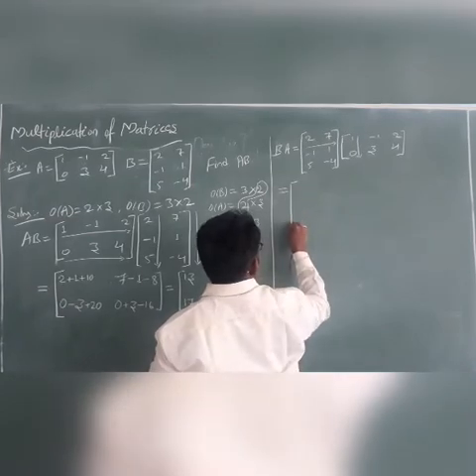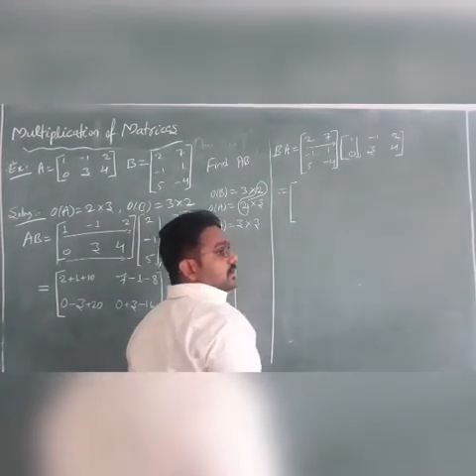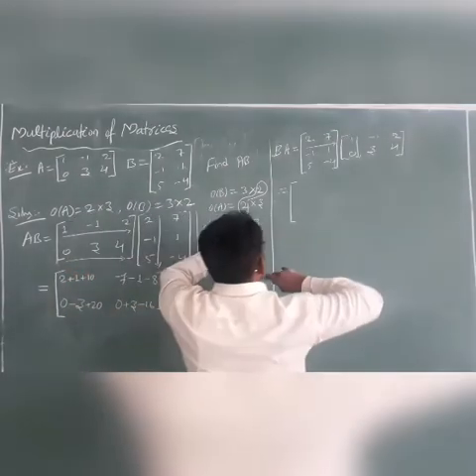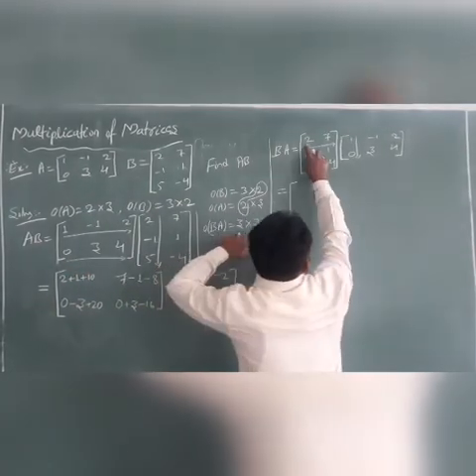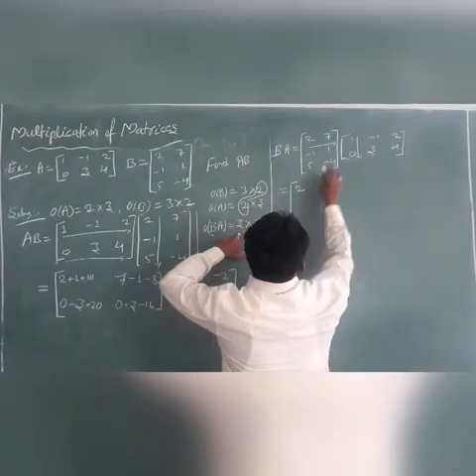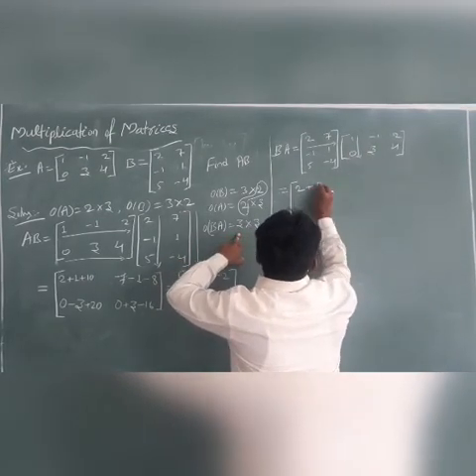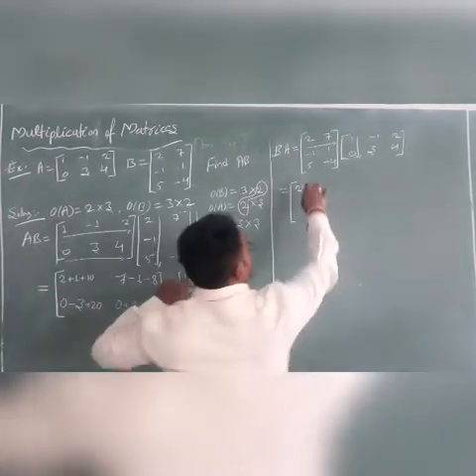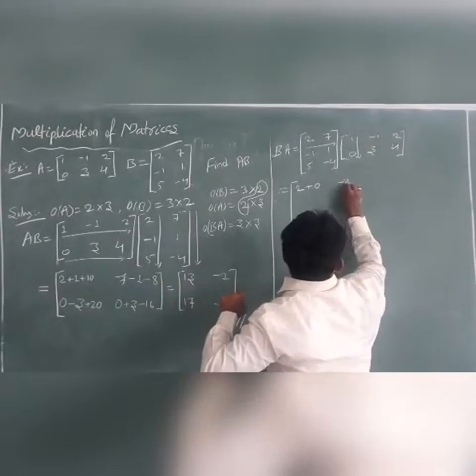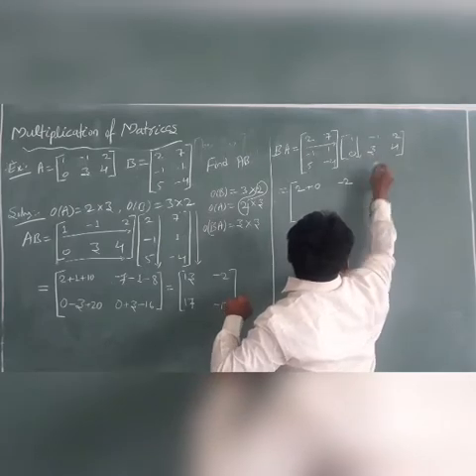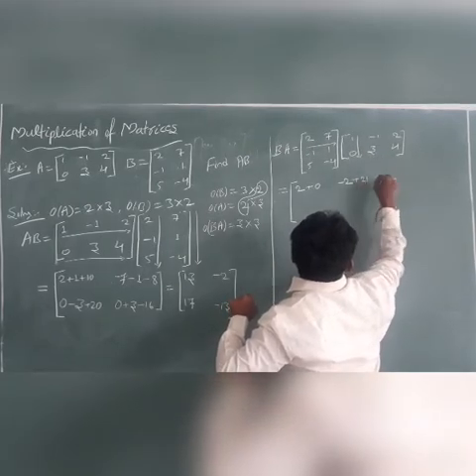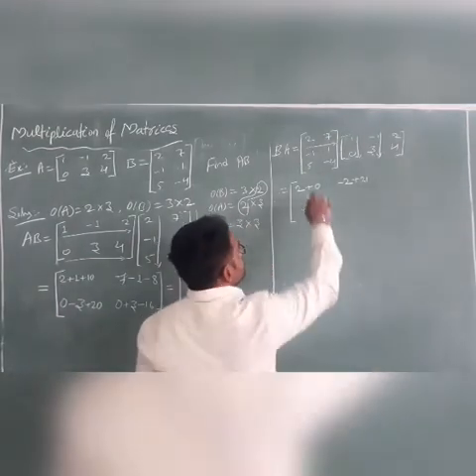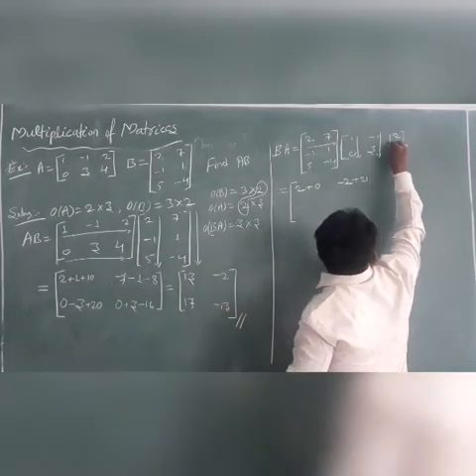What will be the order of the BA? That is a 3 by 3 matrix. So 2 into 1, 2. 7 into 0, that is 0. The first element is over. Next, 2 into minus 1, minus 2. 7 into 3, plus 21, with the second column. Next, first row with the third column, this one.